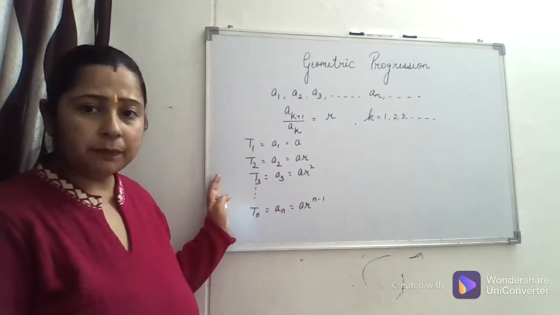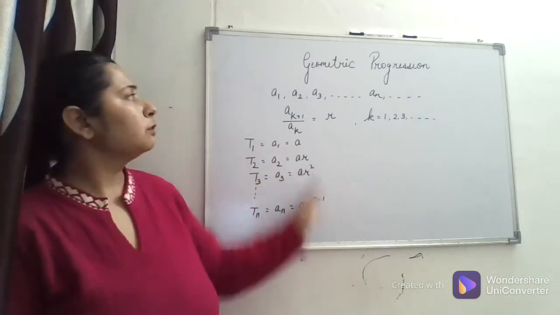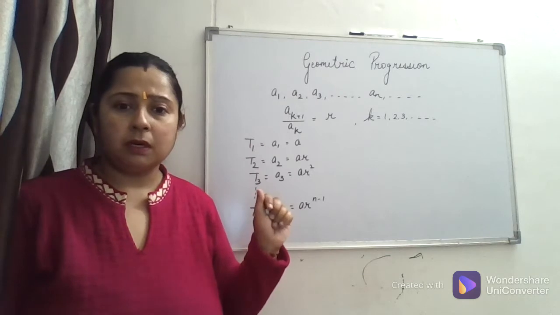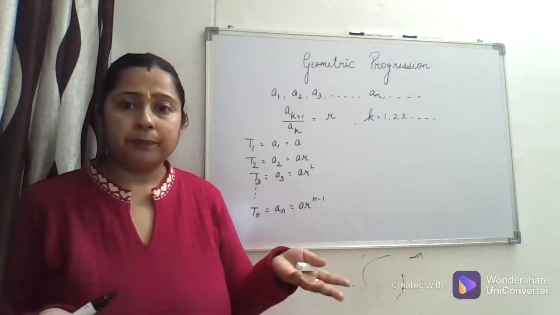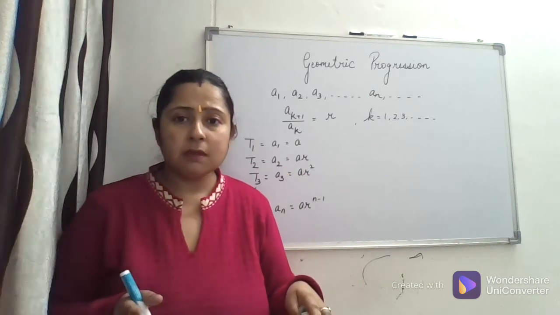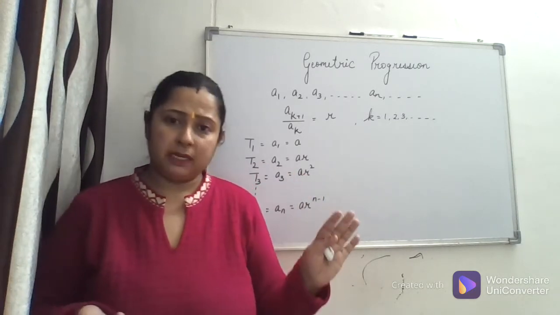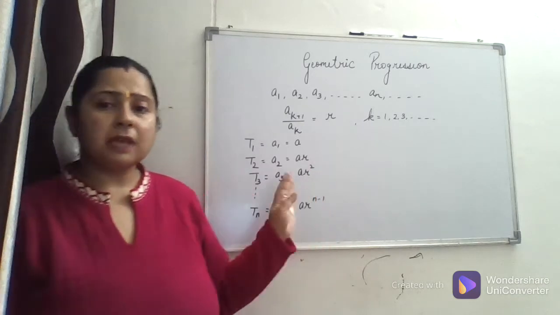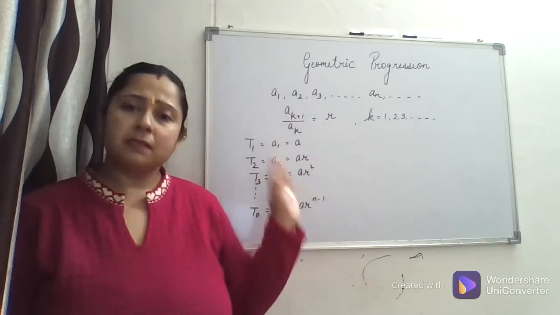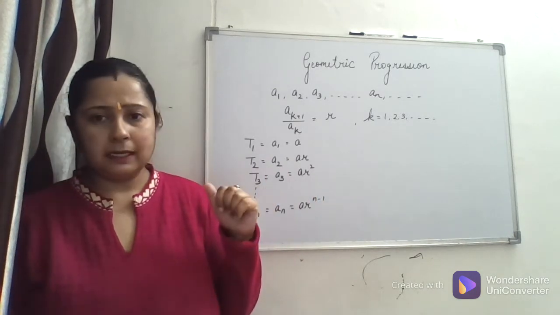What are your terms? Now, how to find the sum of these terms? How to find the sum of a geometric progression? When you find the sum, you should know whether it is a finite or infinite sequence. Whether finite or infinite, the formula will be the same, with a little difference we will understand later.